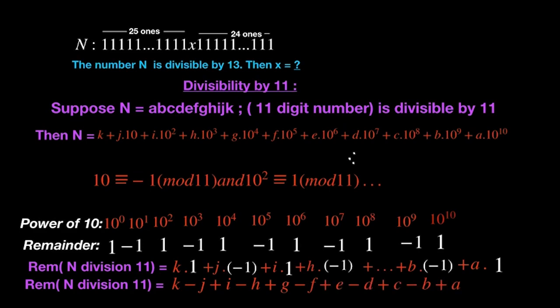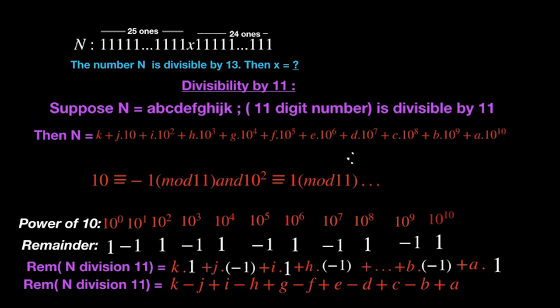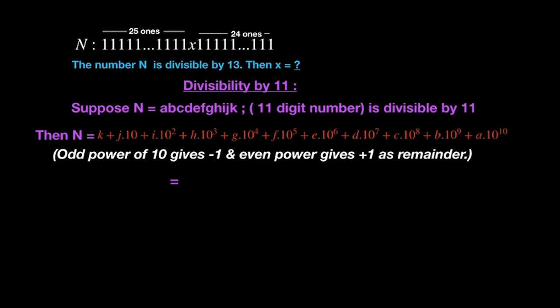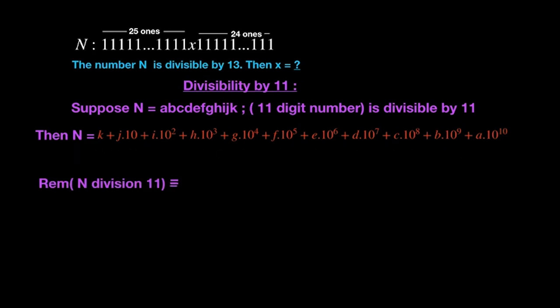So the remainder value of the number when divided by 11 will be the alternate sum of the digits from the right side, that is k minus j plus i minus h plus g minus f plus e minus d plus c minus b plus a.